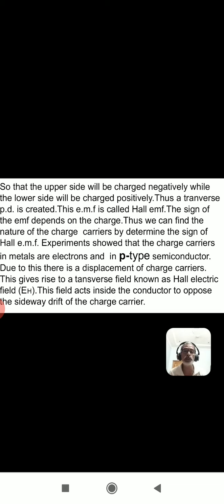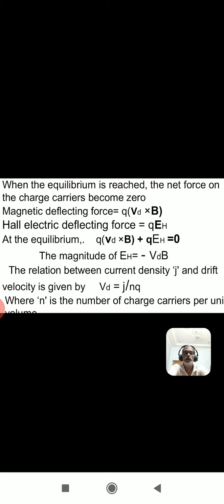So due to this, the sideways drift of the charge carriers is stopped. When equilibrium is reached, the net force due to the magnetic deflecting force and the Hall electric deflecting force becomes zero. In this situation there is no net force acting on it, so the velocity of the charge carriers is equal to the drift velocity.